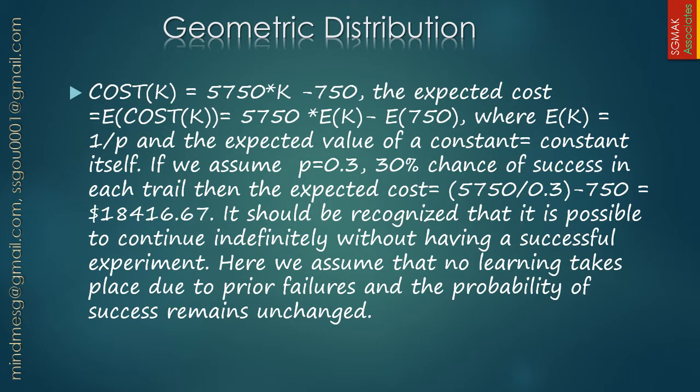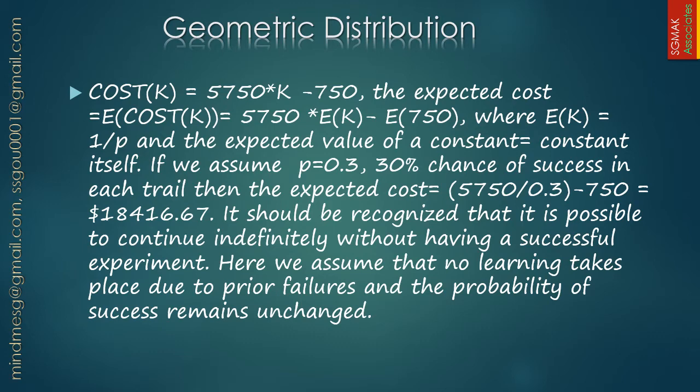So the expected cost will be the expected value of this cost function, which is 5750 multiplied by the expected value of the random variable, minus the expected value of 750. Now the expected value of a constant is a constant, and the expected value of a random variable that follows geometric distribution is given by 1 over p.